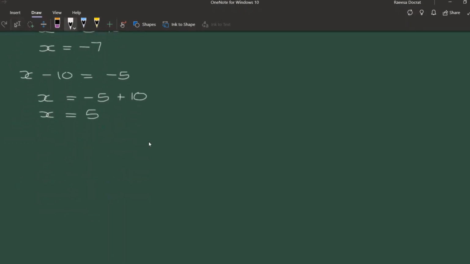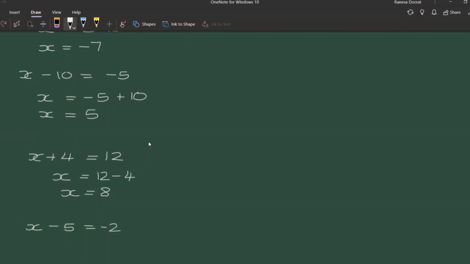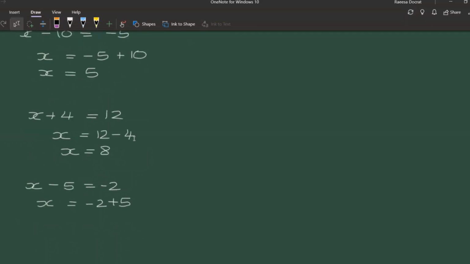The next question is x plus 4 is equal to 12. So x is equal to 12, and we take over that 4 and change the sign. So x is 12 minus 4, which is 8. We have x minus 5 is equal to minus 2. Again, that minus 2 stays there, and when we take over the 5, its sign changes.